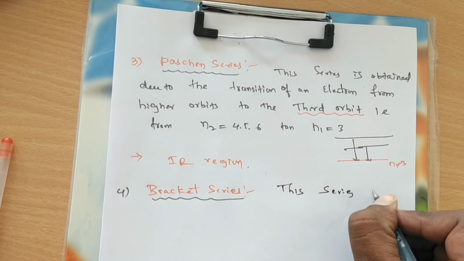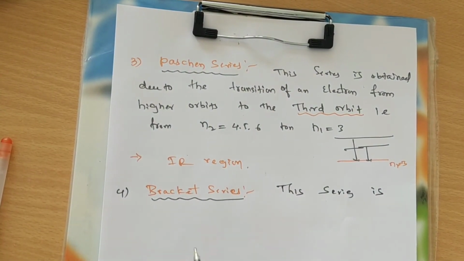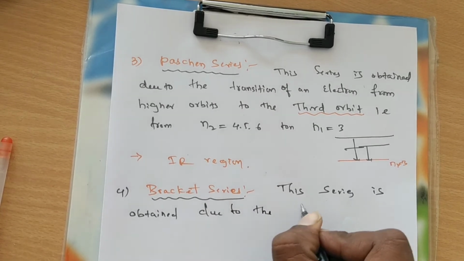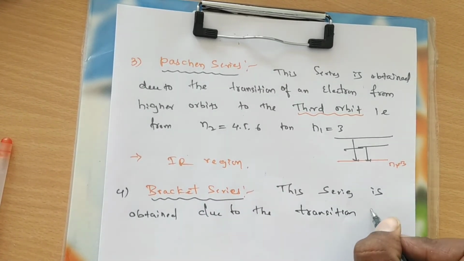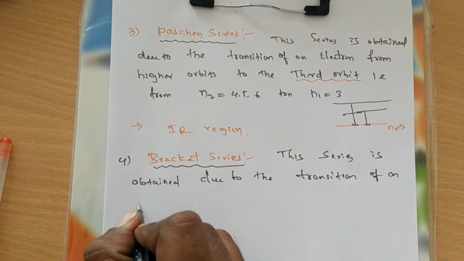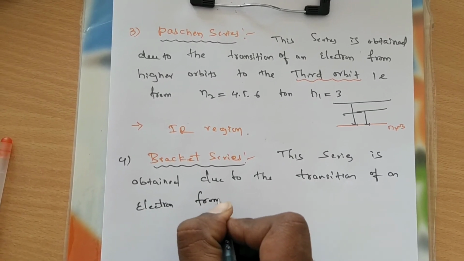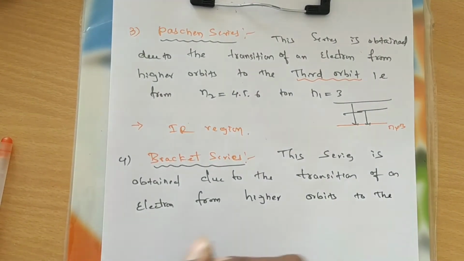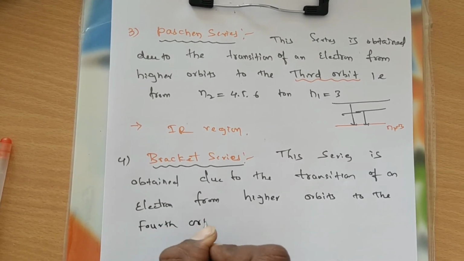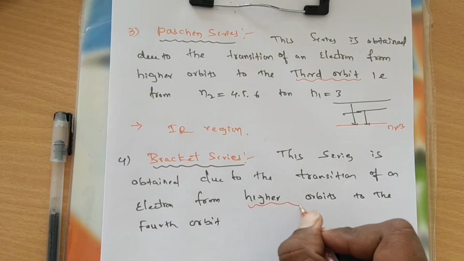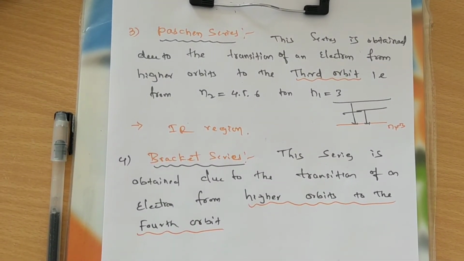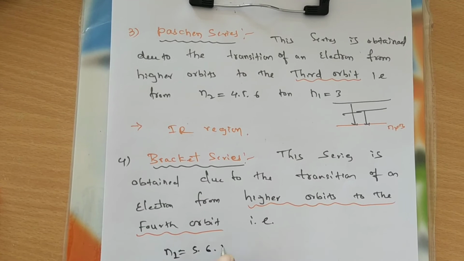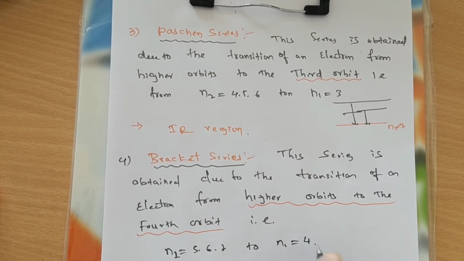This series is obtained due to the transition of an electron from higher orbits to the fourth orbit, that is n2 is equal to 5, 6, 7 to n1 is equal to 4.